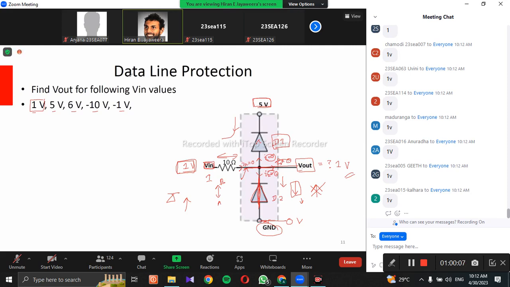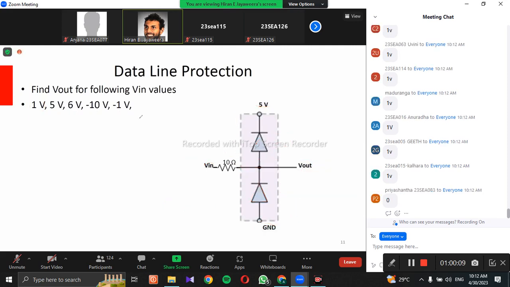Okay, let's consider a situation where we have the 6 volts. What can you say about the D2 diode?